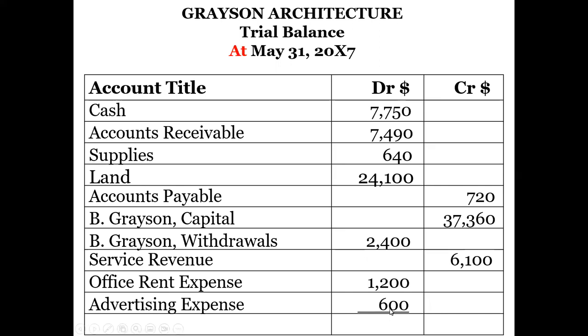And when we add up our credit column, what do we get? 44,180. The same. So it seems that our arithmetic is on point. Total debits equal total credits.